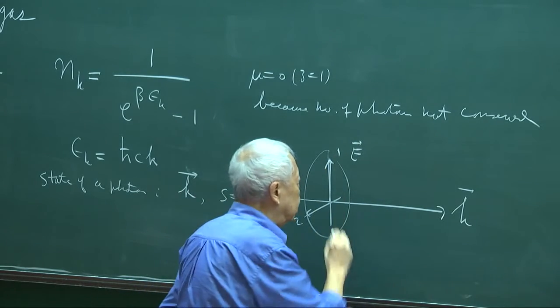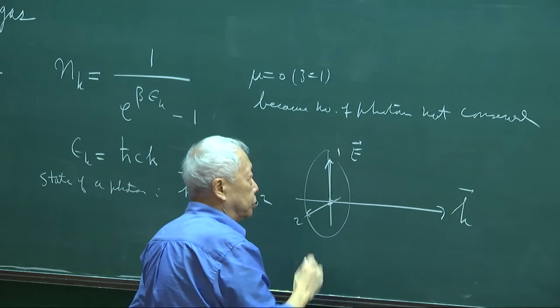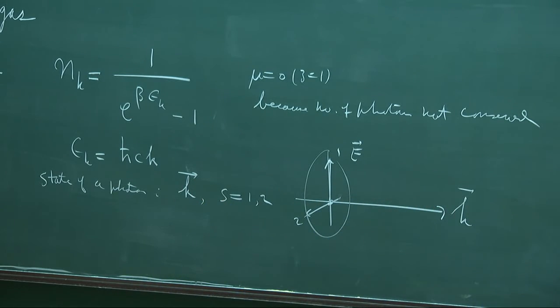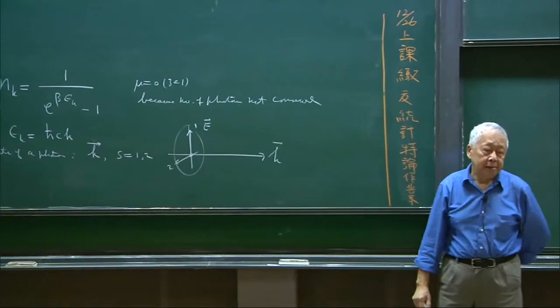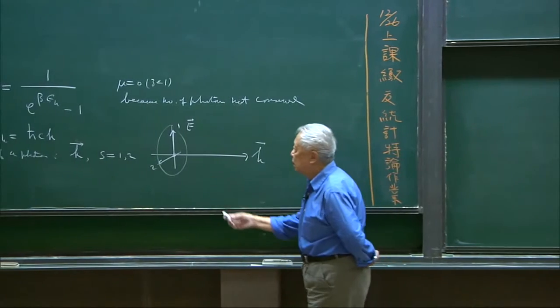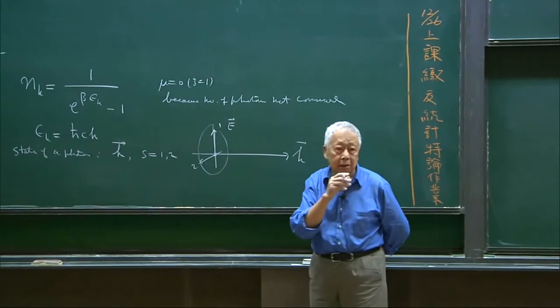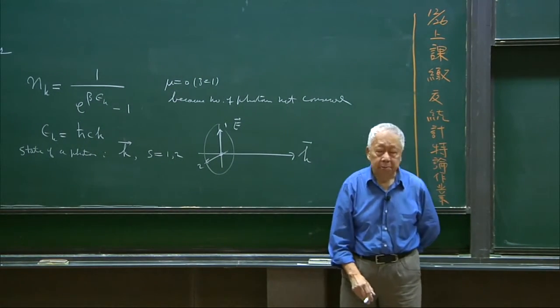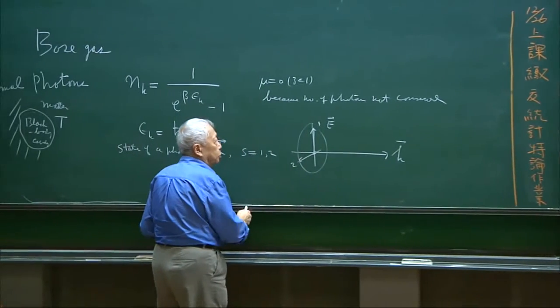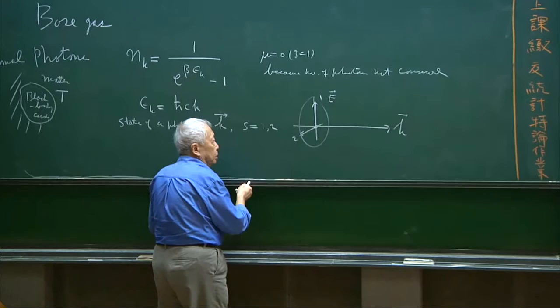Linear polarization, there are 2 degrees transverse. This is very important. There are only 2 degrees transverse to k because the photon is massless. Now, if the photon had a mass, no matter how small, then there'd be a third degree of freedom, the longitudinal component. So now, there are only 2 transverse degrees of polarization.